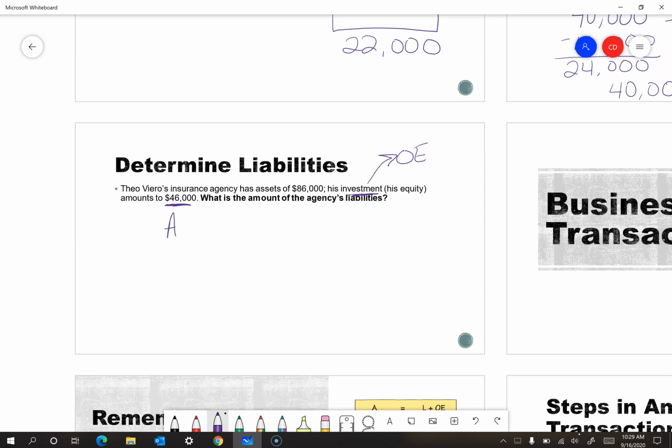So assets, I'm going to start abbreviating here, equals liabilities plus owner's equity, all right? So we know assets are $86,000. We're looking for liabilities. We know his owner's equity, his investment, is $46,000. Okay, so to figure it out, we're just going to subtract, remember? Our basic algebra skills.